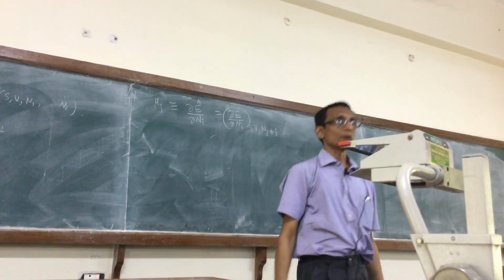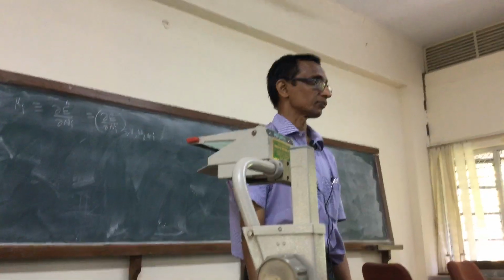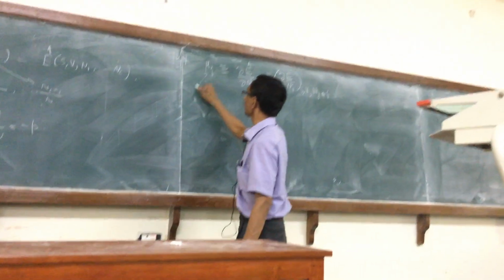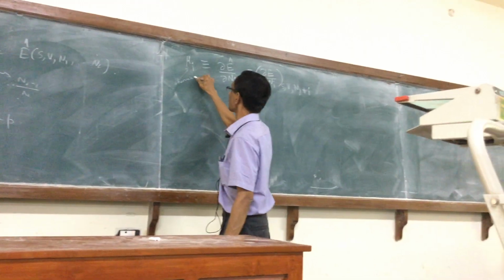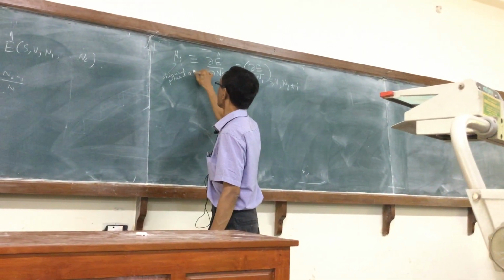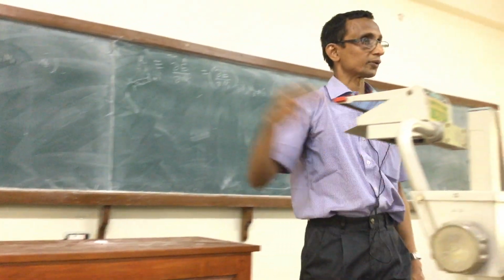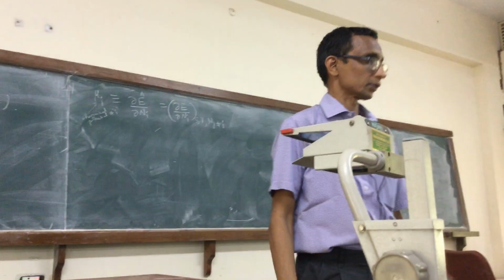And all the mole numbers other than i are kept fixed in this differentiation. This is now referred to as the chemical potential of component i. This is how we are introducing it, just as we introduced for the pure component.